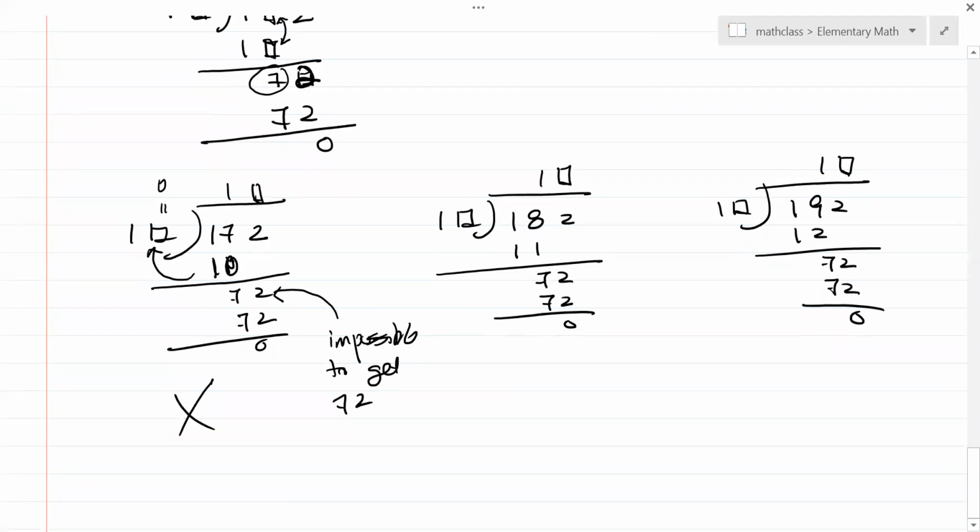How about the next one? And that also gives you the 11, right? And when it's 11, I still cannot get 72. No matter 11 times any digit, you are not going to get 72.